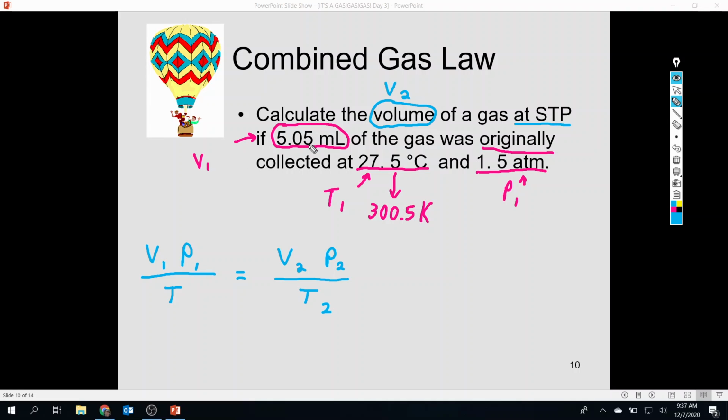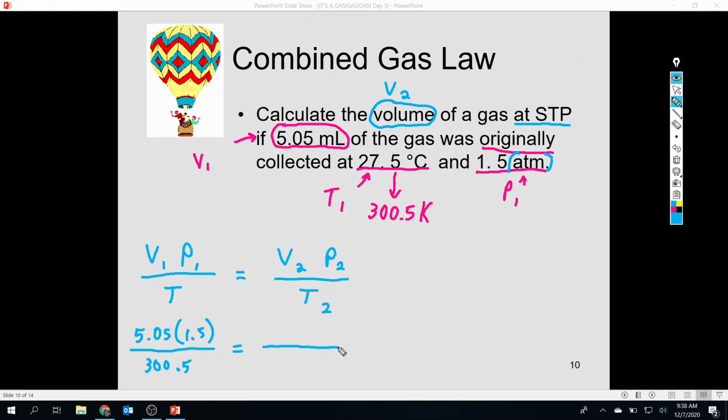I knew that this was a volume because it says milliliters, and liters and milliliters are units of volume. So 5.05 for my volume. Now pressure 1. Okay, pressure, remember, is in atmospheres, and so I've got 1.5 atmospheres. And that is all going to be divided by 300.5.